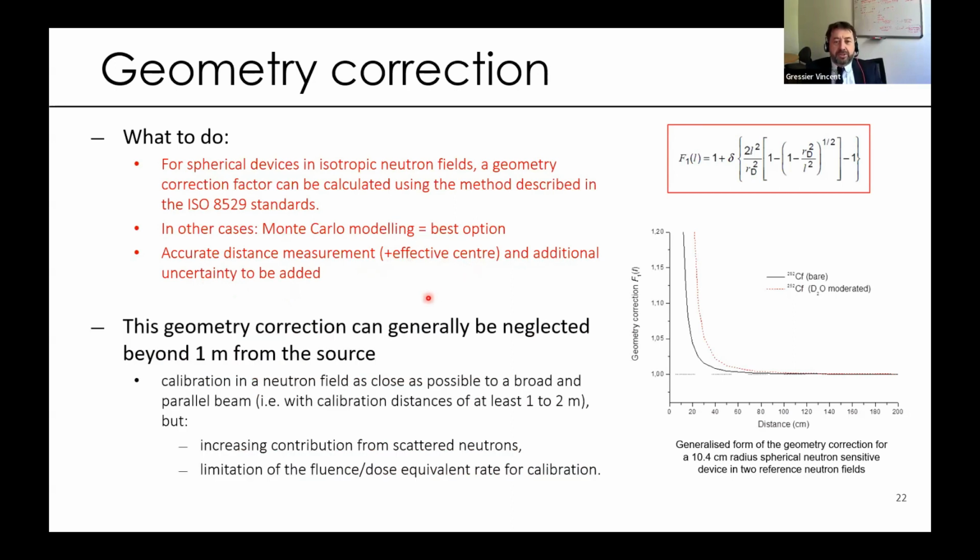This geometry correction can generally be neglected if you are beyond 1 meter from the source, because at 1 meter you are as close as possible to a broad and parallel beam. But if you increase the distance, you will reduce the geometry correction, but you will increase the contribution from scattered neutrons, and you will limit the range of fluence and dose equivalent rate you can have for calibration.